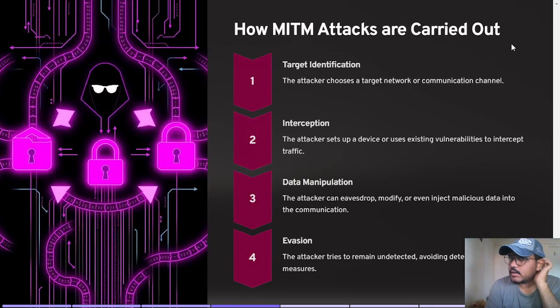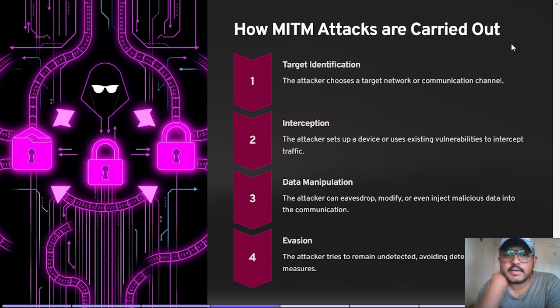Next, how MITM attacks are carried out. The points here are targeting identification, interruption, data manipulation and evasion. In targeting identification, the attacker chooses the target network or communication channel.